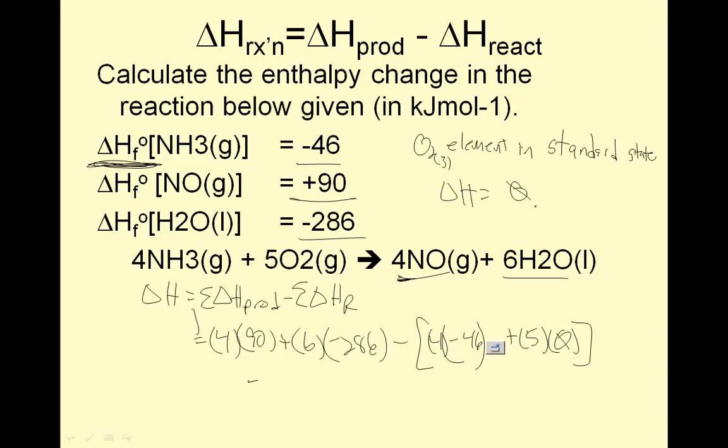And I'd write negative 1356 minus 4 times negative 46. See all these wonderful negative signs? You're very likely to mess up. So minus negative 184, and we all know minus negative is plus a positive, so negative 1356 plus 184 is negative 1172 kilojoules.